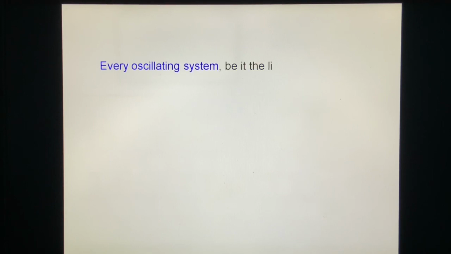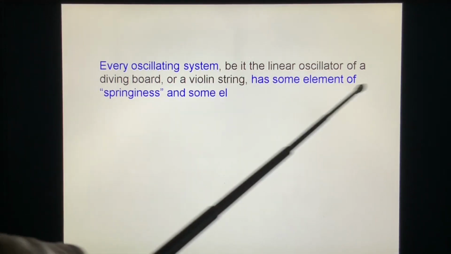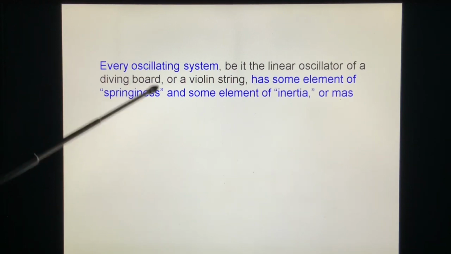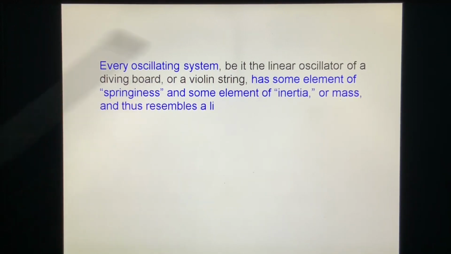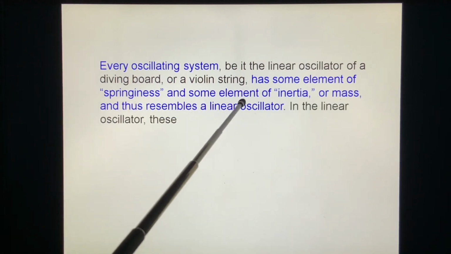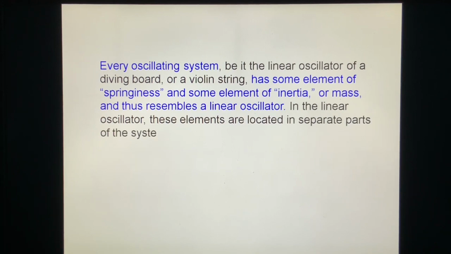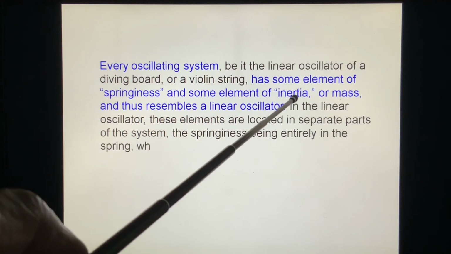Every oscillating system, be it the linear oscillator, a diving bell or a violin string, has some element of springiness and some element of inertia or mass, and thus resembles a linear oscillator. In other words, a linear oscillator has two elements. One is springiness and one is inertia or mass.